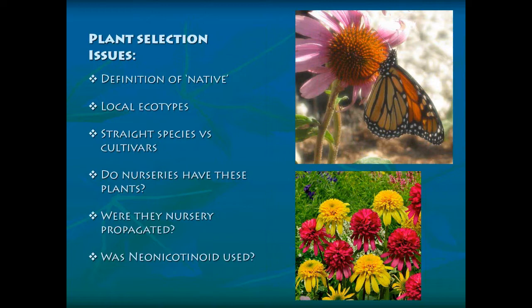But these are taken up by the system of the plant, and they remain in the plant for several years in the pollen and the leaves and the flowers. And it's suspected that they kill bees. So if you have a pollinator garden that's filled with plants that were treated with neonics in the nursery, you are killing bees rather than supporting them. So these are all things that you need to consider.